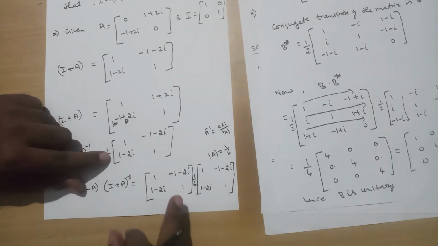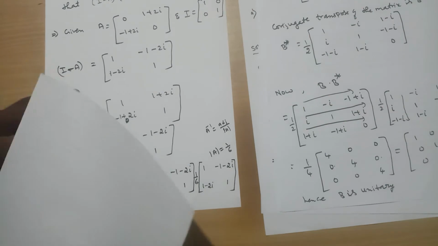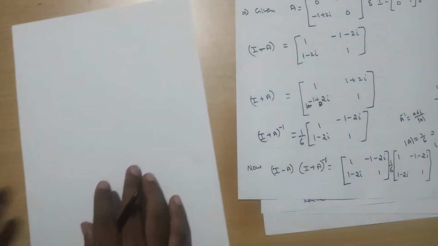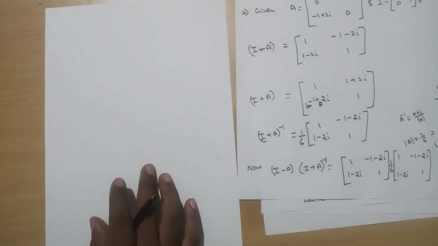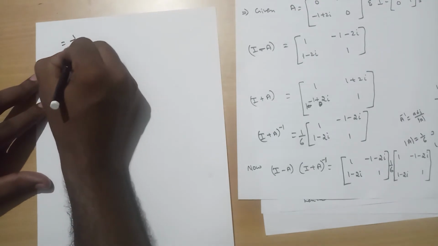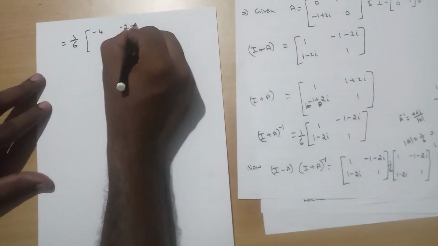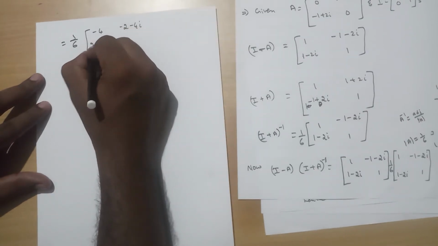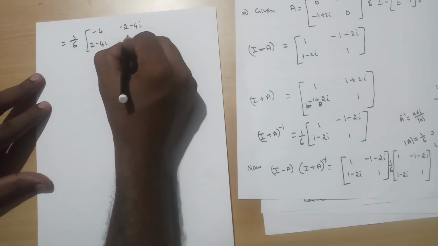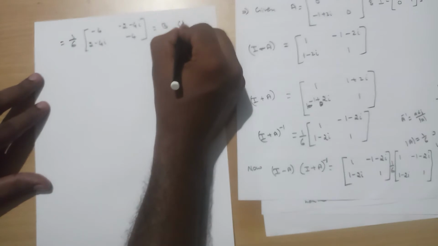So ಇದನ್ನು ಕ್ರಾಸ್ ಮಲ್ಟಿಪ್ಲಿಕೇಶನ್ ಮಾಡಿ. So if you cross multiply, so we get here 1 by 6 times of, here minus 4, minus 2 minus 4i, 2 minus 4i, minus 4 ಬರುತ್ತೆ. So I call it as this one as B.